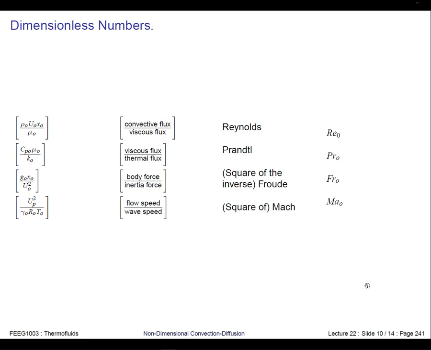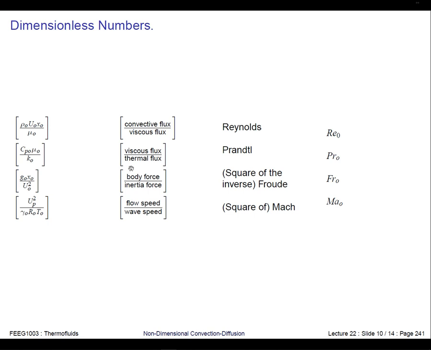So these are the kind of non-dimensional numbers that we're interested in on this module. We know about the Reynolds number. We've got the Prandtl number. So this is the ratio of the viscous diffusion flux, if you like, and the thermal diffusion flux. And you can see when you multiply the Reynolds number and the Prandtl number together, the viscous fluxes cancel, and you end up with the convective flux of energy divided by the thermal flux of energy.